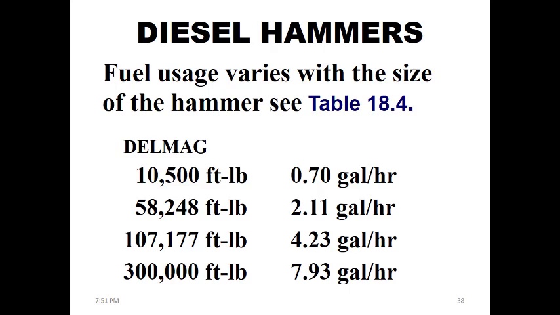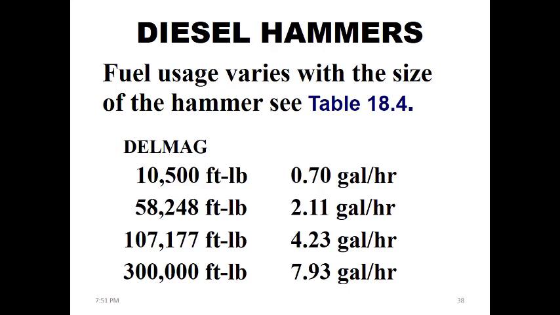Now, if you compare the power that we can generate from a different type of hammer and its actual power utilization, the energy usage, the fuel usage, we notice some important aspects that can help to save fuel if a particular type of hammer can be used for the operation.